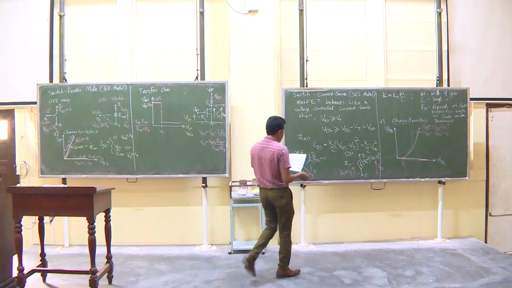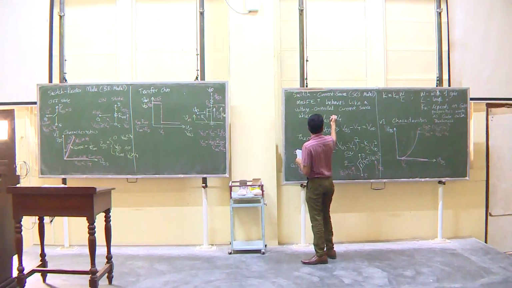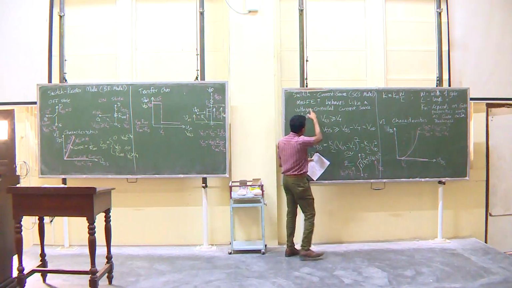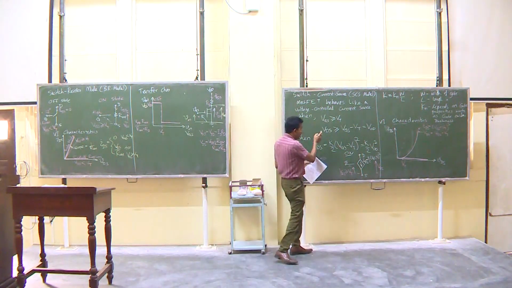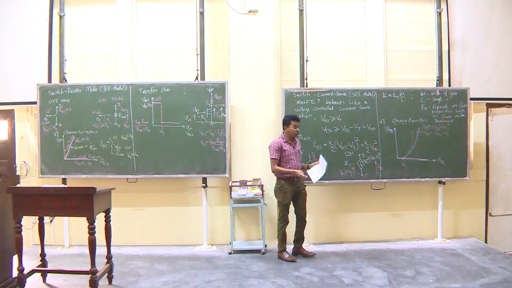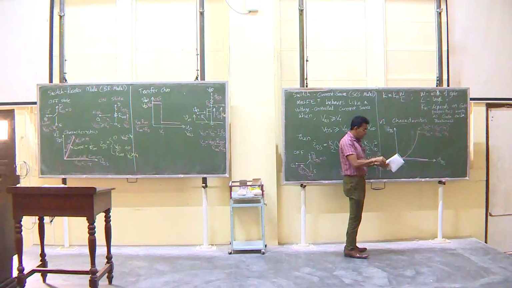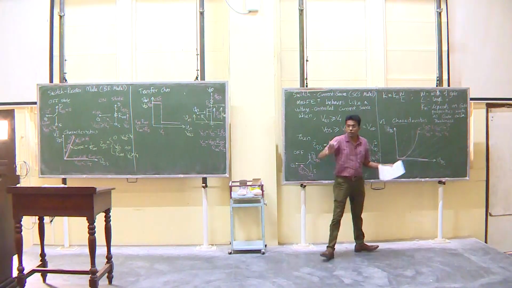According to this statement, this relationship, this current source behavior, only applies if VGS minus VT is less than VDS. That is, VDS values should be bigger than this. That's anywhere here, anywhere here it's okay.